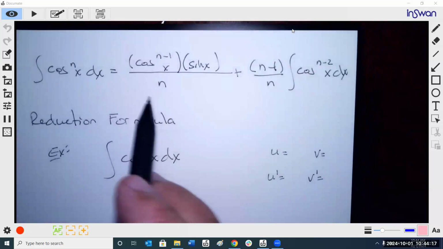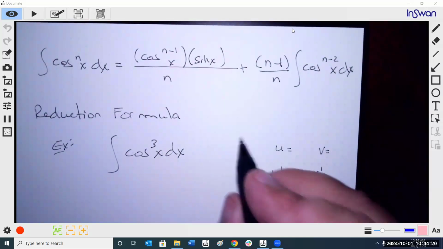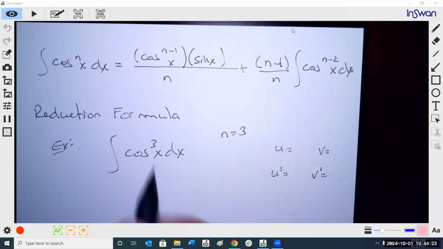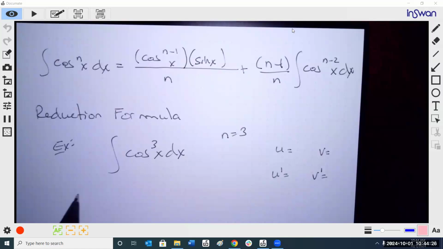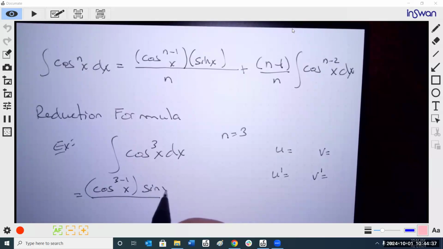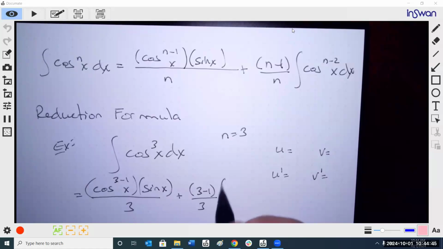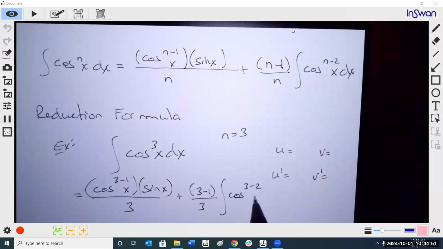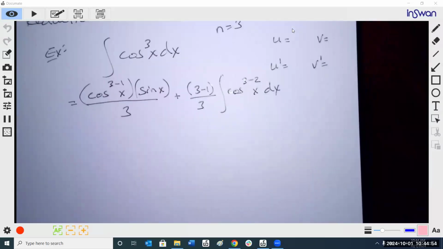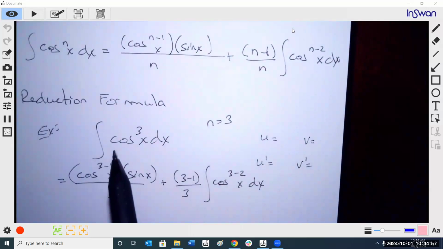We'll just use this formula here. So our n is 3. This is cosine to the power n. So we have cosine 3 minus 1 x sine x over 3 plus 3 minus 1 over 3 times the integral of cosine 3 minus 2 x dx. Anywhere you see an n, I put a 3 in its place.